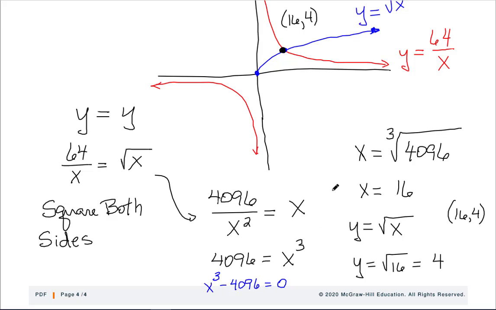Therefore, I solve this by taking the cube root of both sides. I get x is 16, and then I simply plug that in to figure out the y. Square root of 16 is 4, and so that one point of intersection is at 16, 4. Nonlinear systems can be rather difficult to solve, but these are relatively simple.